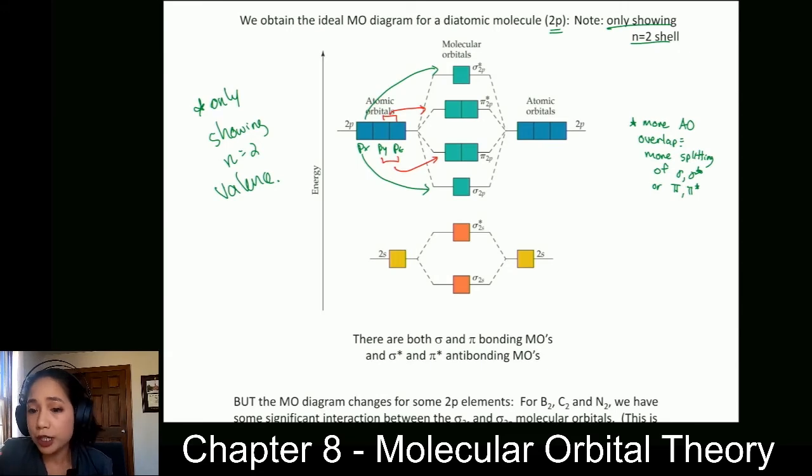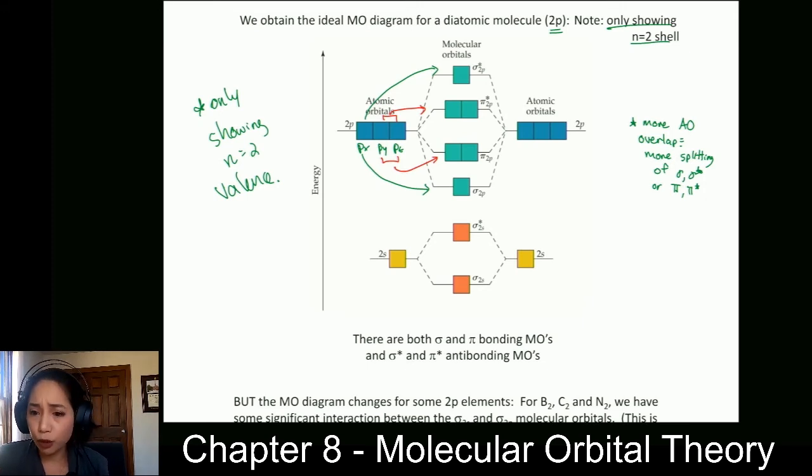If you wanted to predict whether any of these 2p diatomic molecules exist, just pick one of them, count up the number of valence electrons, and then start filling up your MOs. Then calculate your bond order using the equation. So this is basically an MO diagram template for any 2p diatomic molecule.